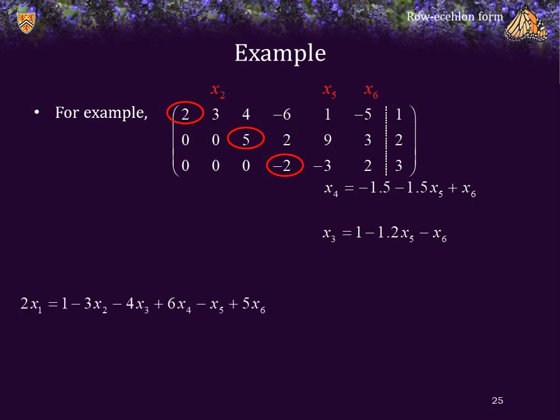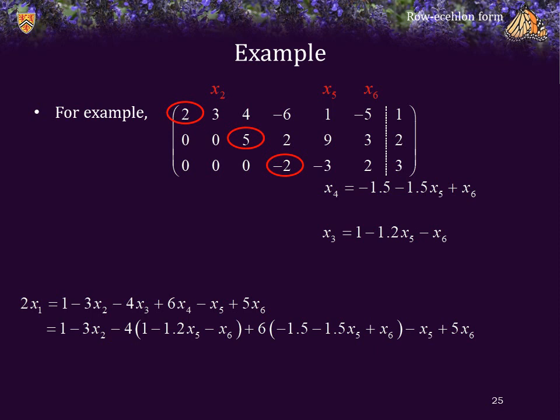So 2x1 is equal to this expression. Now, we've already found what x3 is with respect to the two free variables, and we've found what x4 is. So let us substitute both x3 and x4 into this expression.